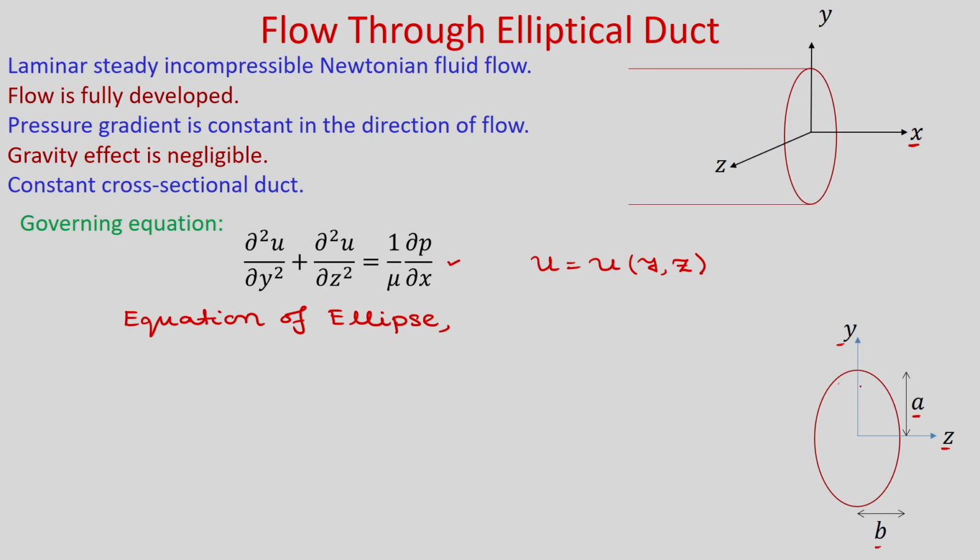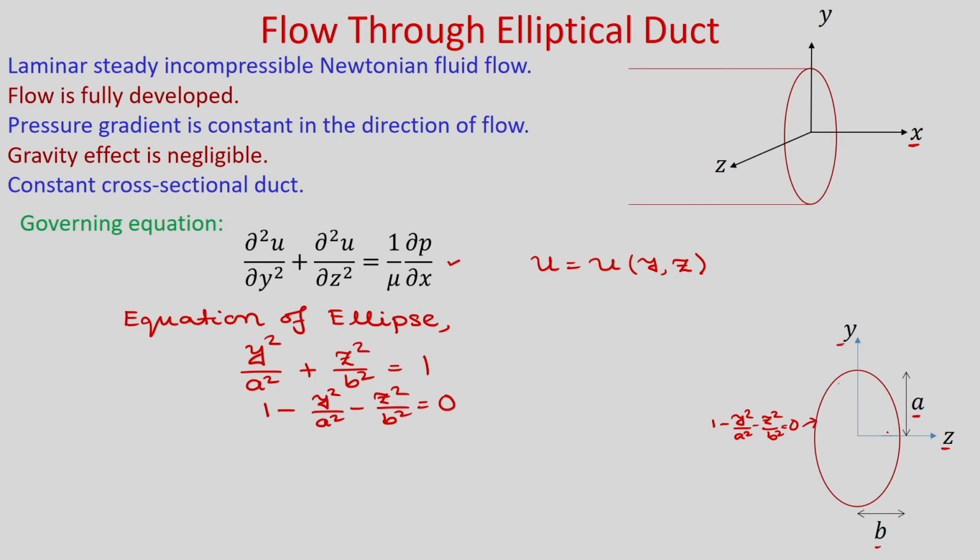For this particular geometry you can write the equation of ellipse as y square by a square plus z square by b square is equal to 1. Or we can write 1 minus y square by a square minus z square by b square is equal to 0. So, this is the equation for this wall.